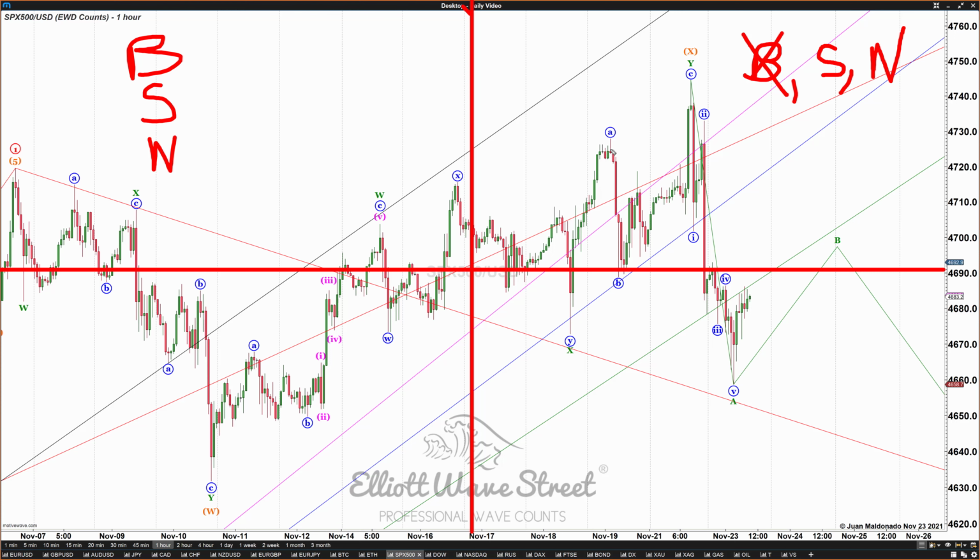So it depends on the wave count, it depends on what we are seeing, it depends on the market structure. So in this case, I didn't do anything. Nothing was my option. And now that we are on the lower right corner, here is where we can buy.